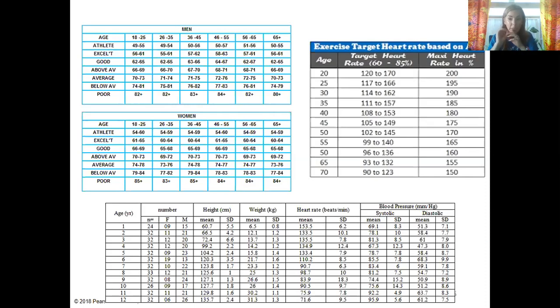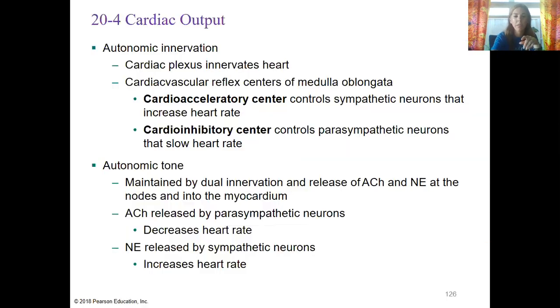If you have a little bitty tiny heart, not a lot of blood can get into that heart, so it's going to have to beat a whole lot faster on a more consistent basis in order to continue to push blood all around the body. As they grow and their heart enlarges, you can see that the heart rate goes down because the pump becomes more efficient as it gets bigger, okay?